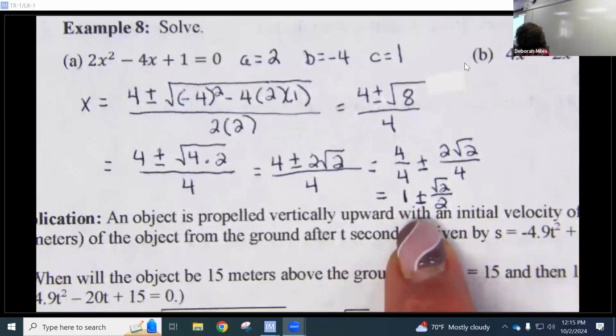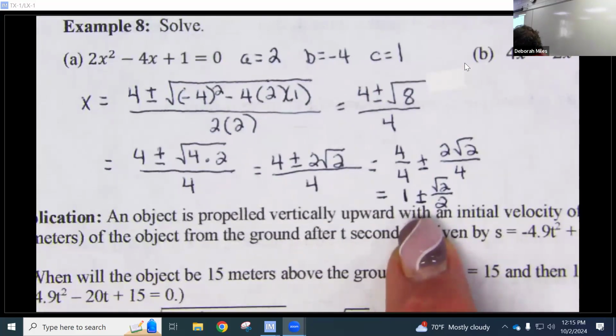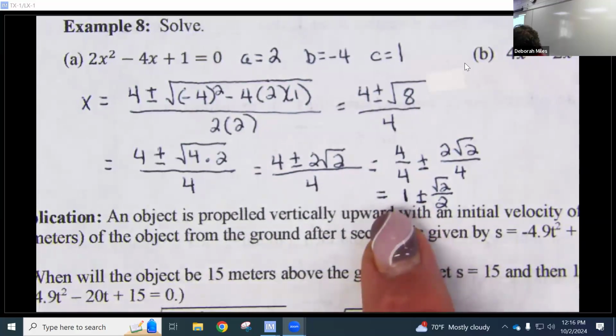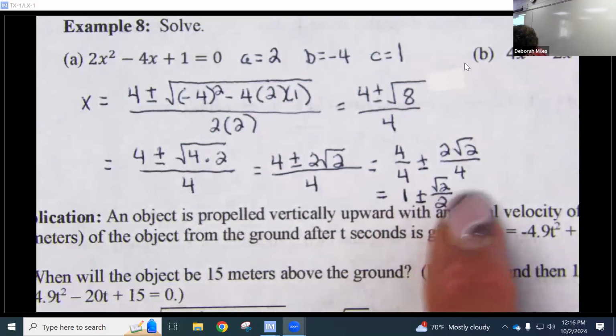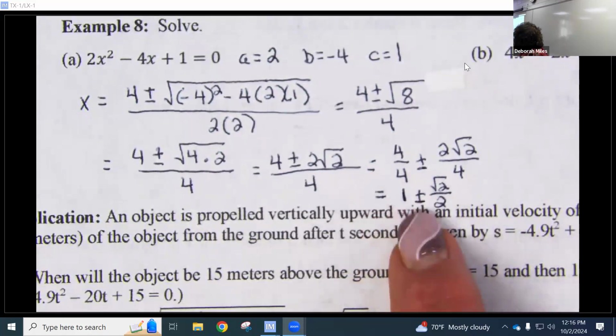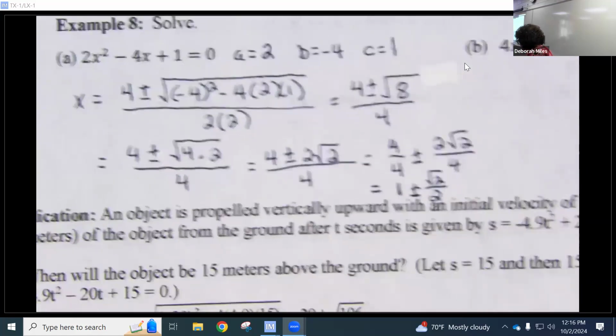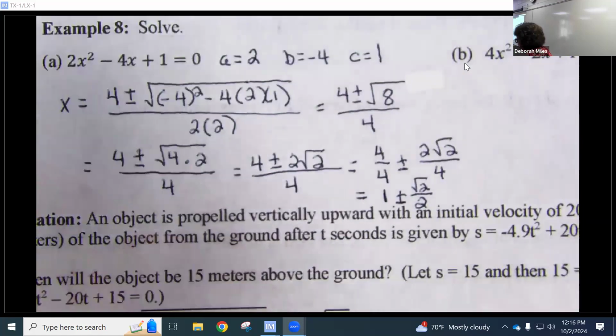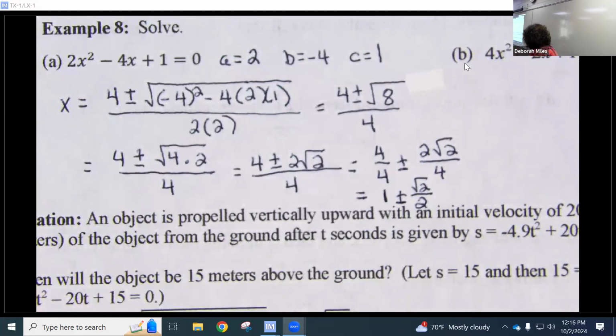Now, I'm not sure about this, but I think MyLab says, write your answers, plural, separated by a comma. That's just asking you to write 1 plus this as one of your answers, comma, 1 minus that as another one of your answers. I don't have room to write it there, but that's what write your answers separated by a comma means.